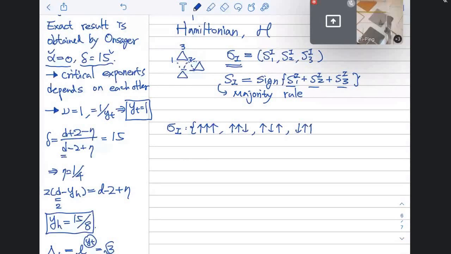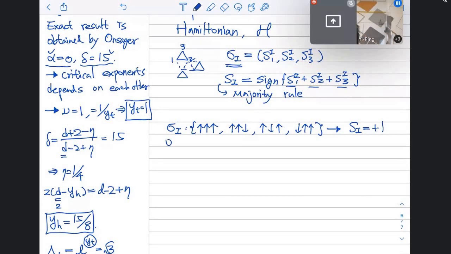Here are 4 of them, and all 4 have the property that after you use the majority rule, they give you the block spin S_i equal to plus 1, because those are the configurations where up spins outnumber down spins.